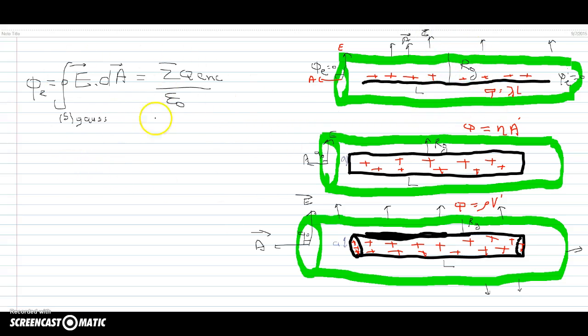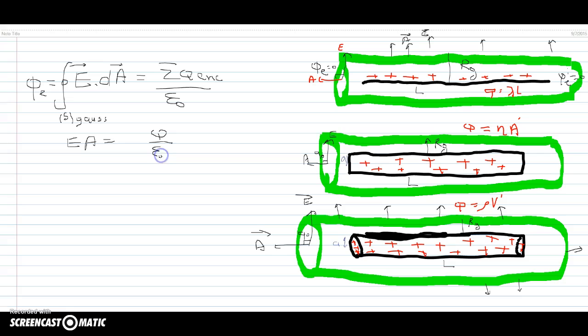So here, E dA cosine 0 is just E dA, and the integral of dA is just A. So I'm going to write E A equals the charge on the line over epsilon 0.